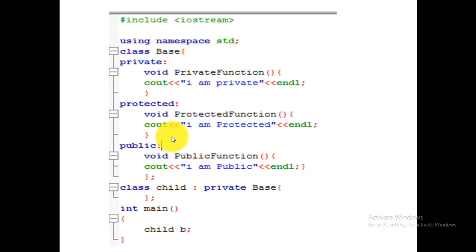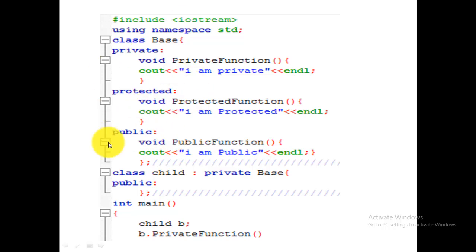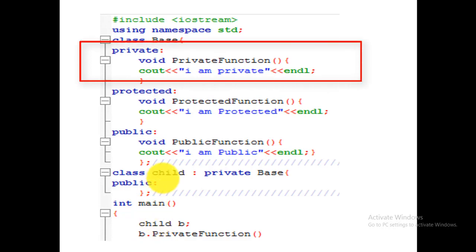So let's understand by calling each function one by one. So here we are calling the private function with the child class object b.